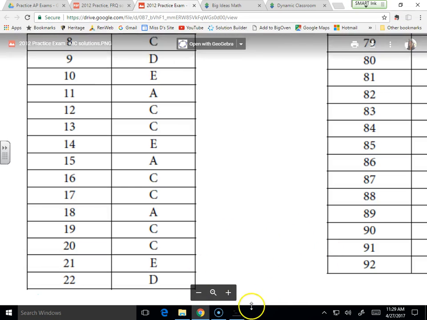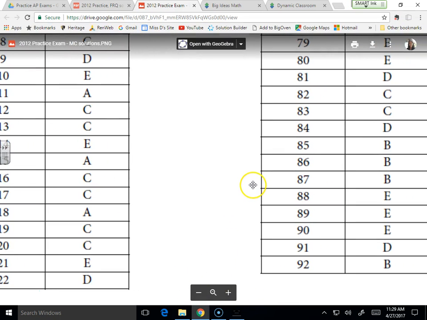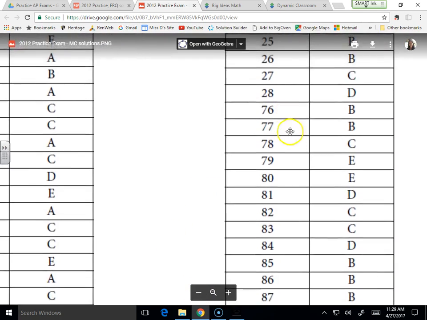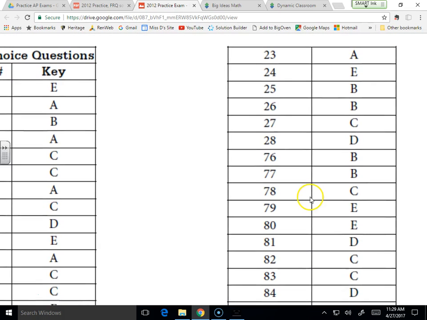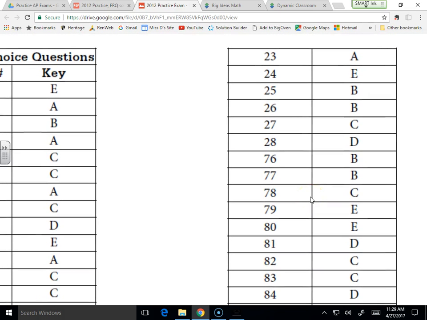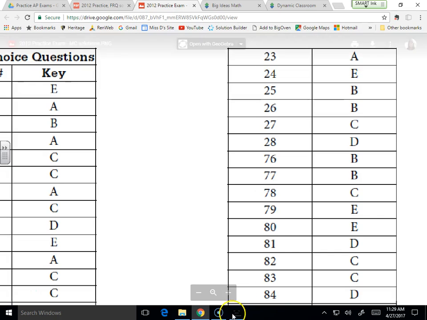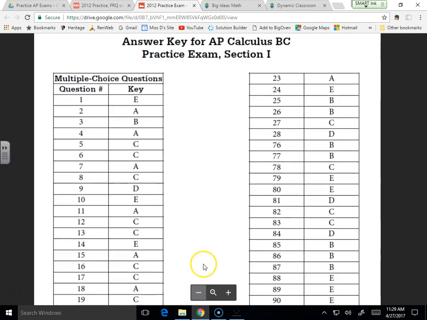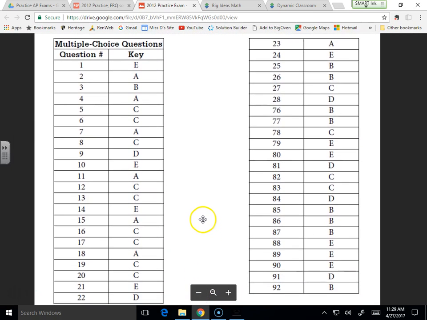On 21 and 22. Oh, 21 is E, 22 is D. Wait, 22 is D. Yes, see. 21 is E and 22 is D. Why couldn't it be?